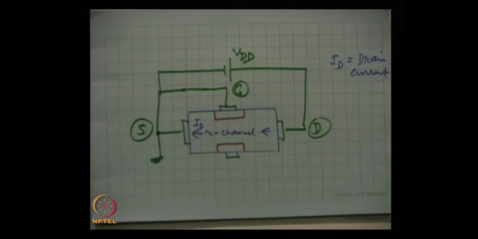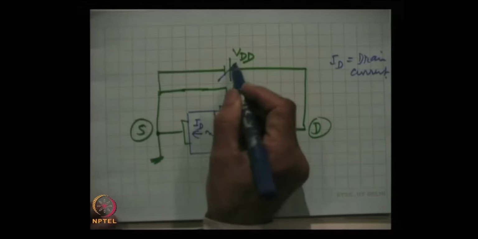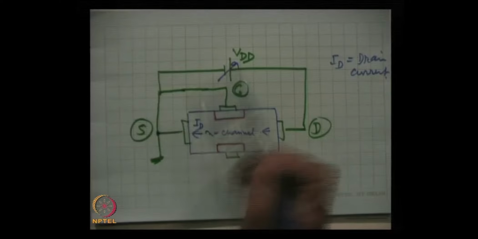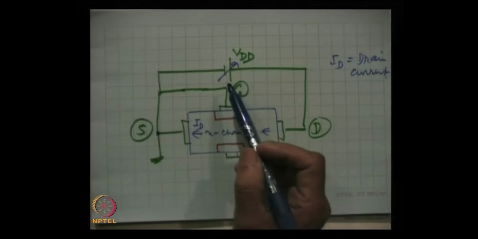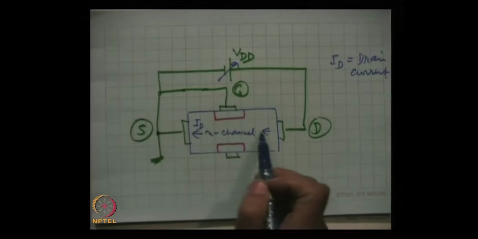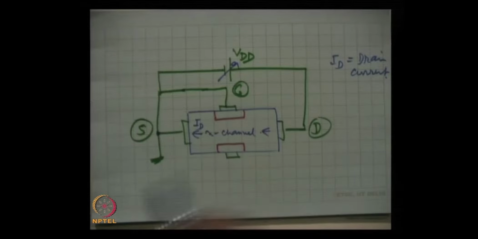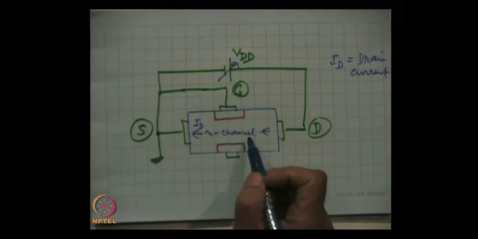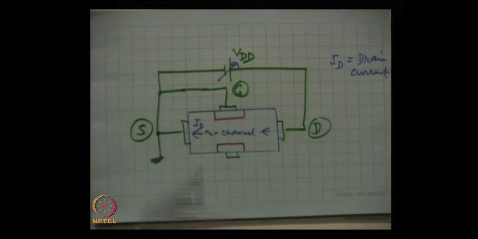which will flow. So, as we start this, let us keep this varying. As we start this source drain voltage from 0, then as soon as we move further, the current will start flowing, and larger the voltage, larger will be the current. Now, what happens to the depletion region?